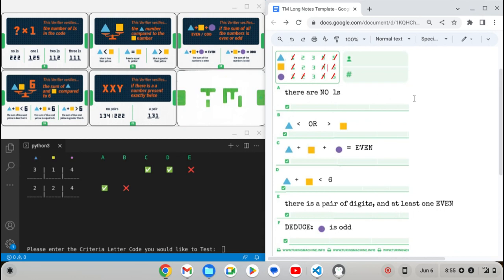Okay, so that means that it is a 3. So we do have a 3 for circle. So that means that triangle or square are 2 or 3, and basically criteria card B is going to tell us that.